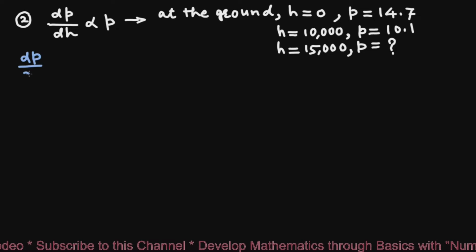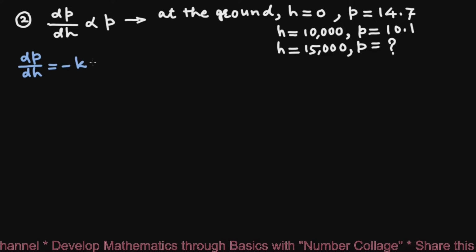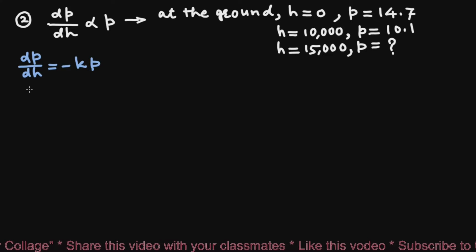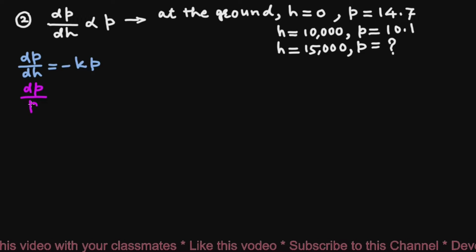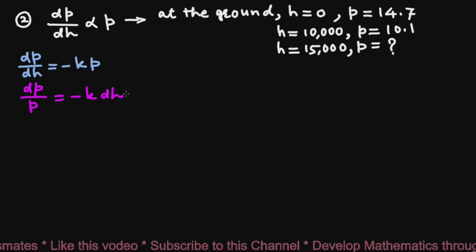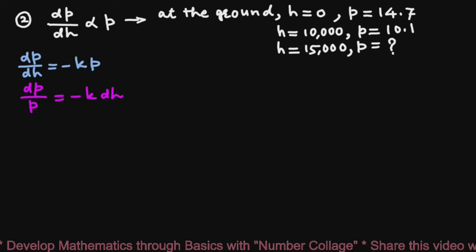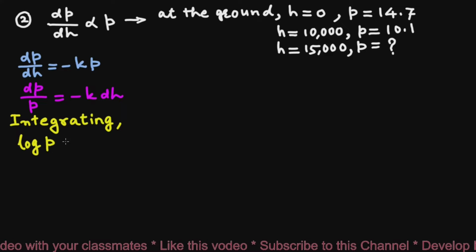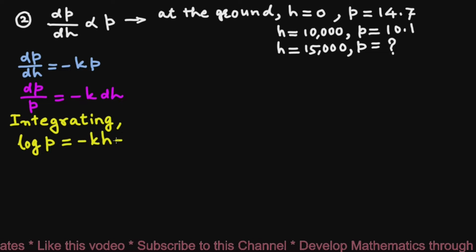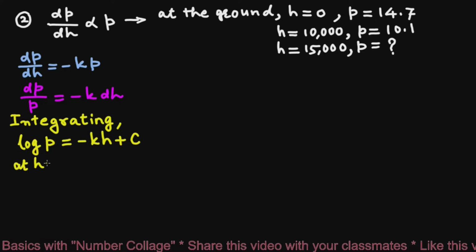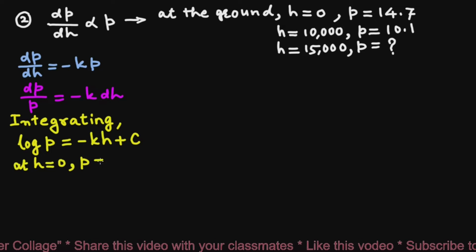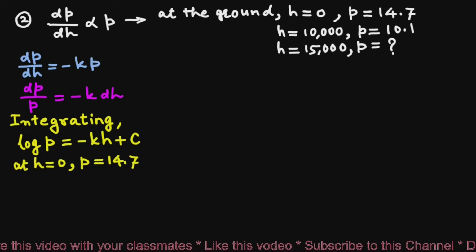dP/dh = -kP. To separate the variables, we write dP/P = -k dh. Integrating, we get log P = -kh + C. At h = 0, P = 14.7 units.